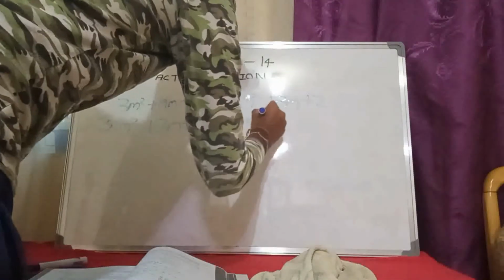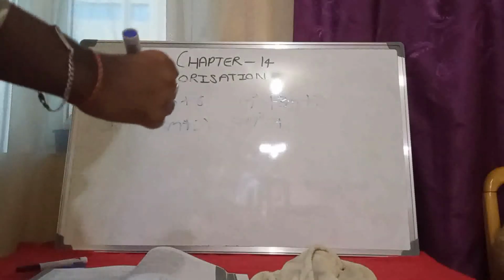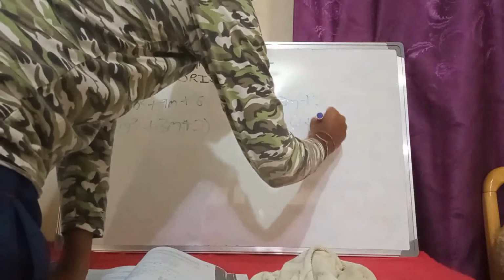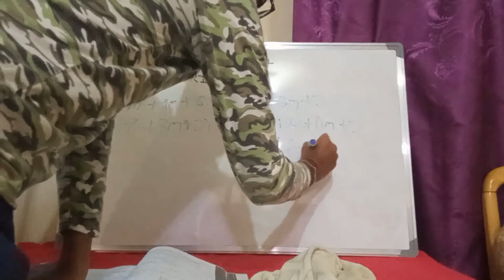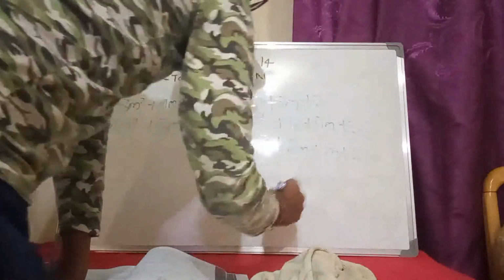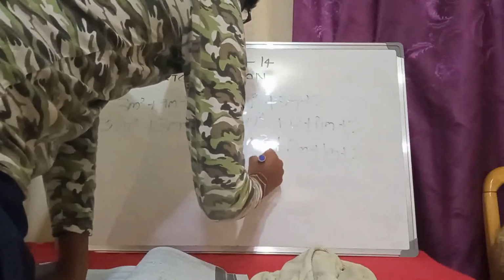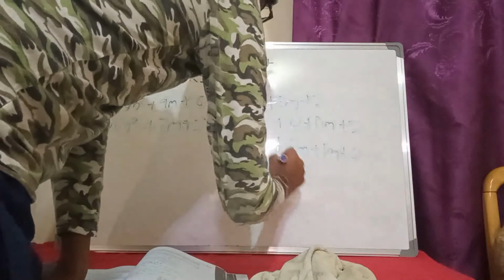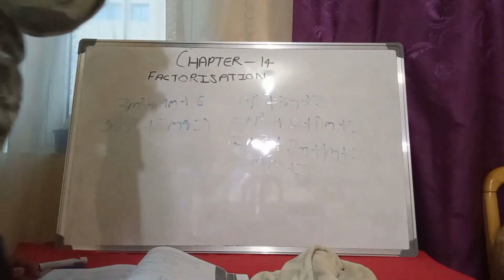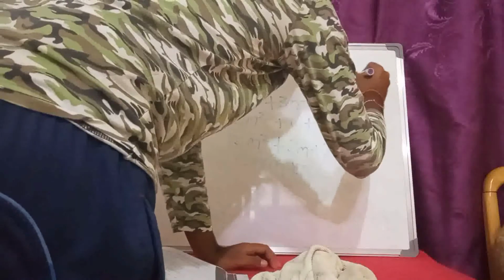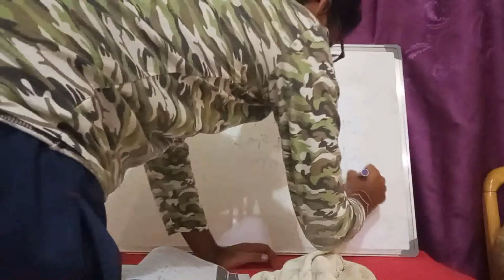So it will be m square plus, now 3 can be written as 2 plus 1, into m plus 2 into 1, that's 2. So it will be equal to m square plus 2m plus m plus 2. m will be taken out and this will be m plus 2, and here 2 can be written as 2 into 1, so 1 can be taken as common out, 1 into m plus 2.